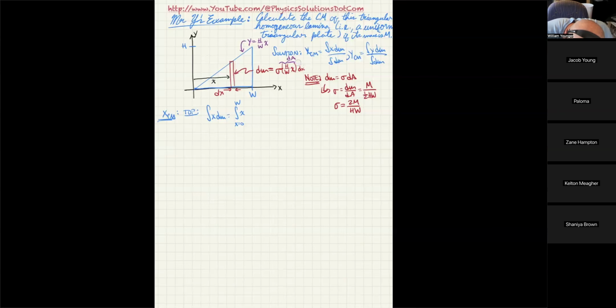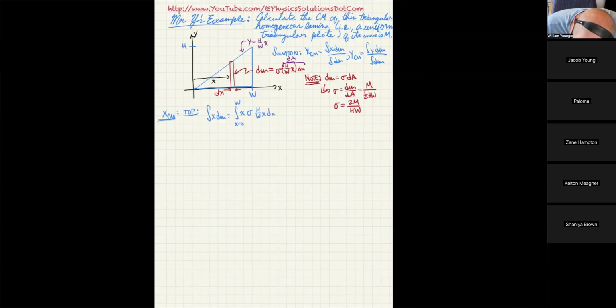And I need to extend that purple to make sure everybody knows that the dA extends all the way to there. And this purple stops right there. Okay. All right. So now I'm going to go ahead and write times sigma times h over w times x times dx.